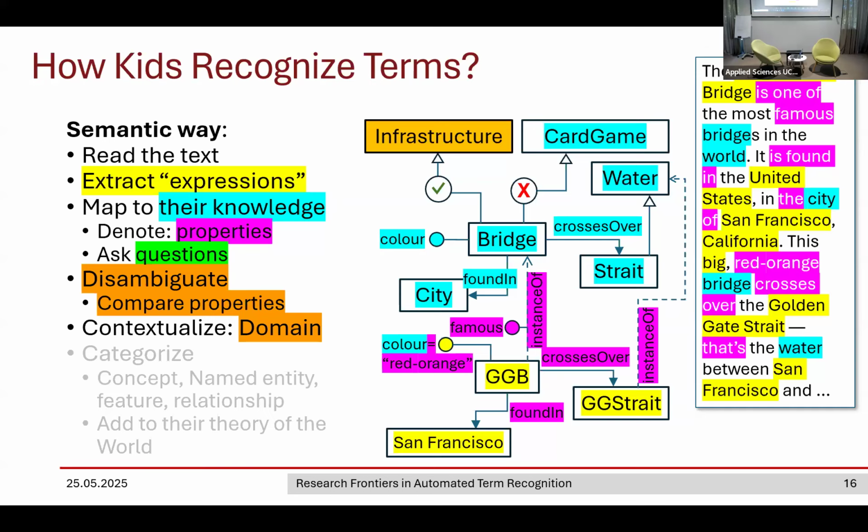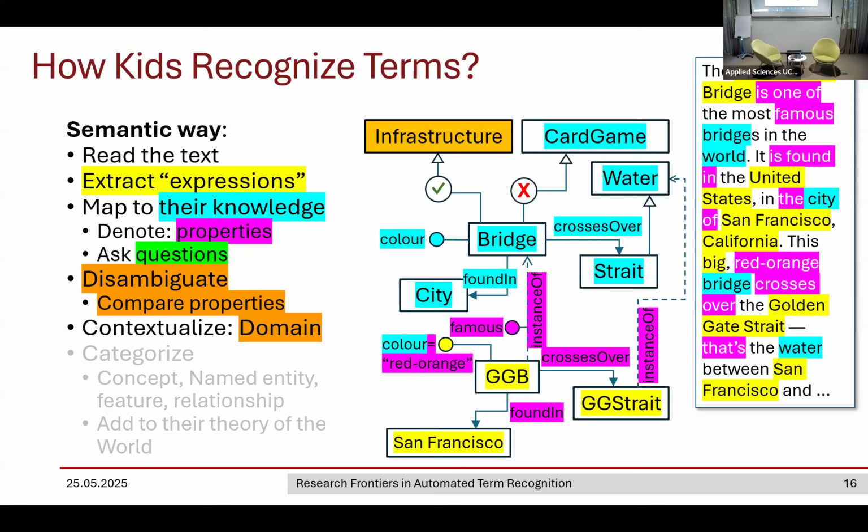Context. Yeah. They put it in the context, which is within their knowledge map, and they analyze the properties. So they look at the concept of a bridge in terms of being a card game and try to prove or disprove these hypotheses by analyzing the properties.